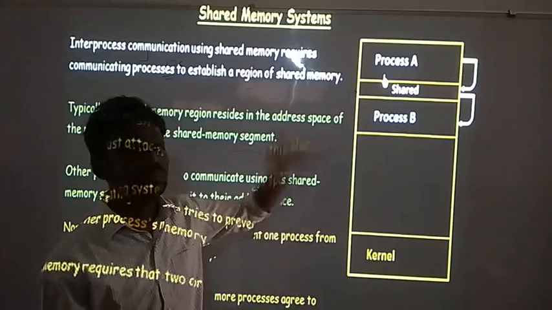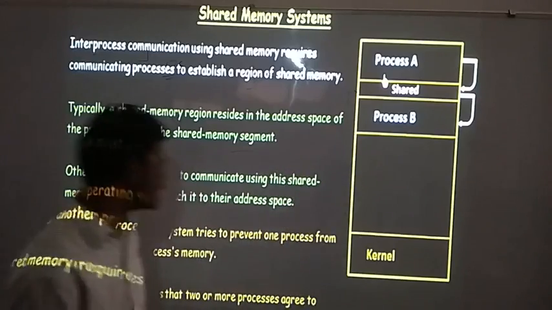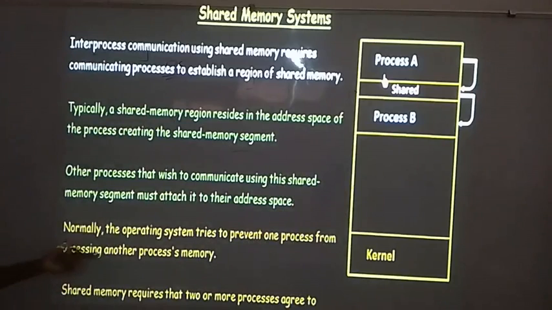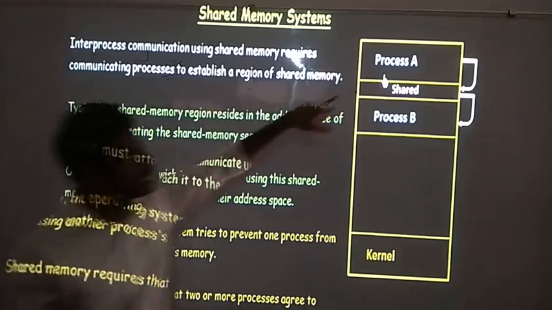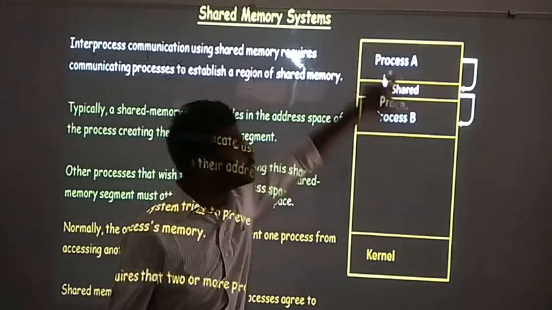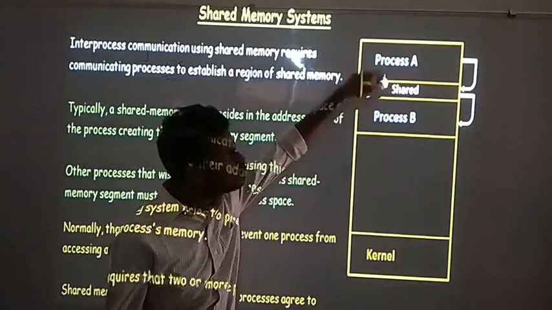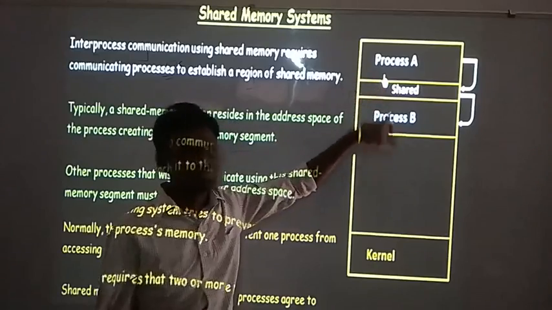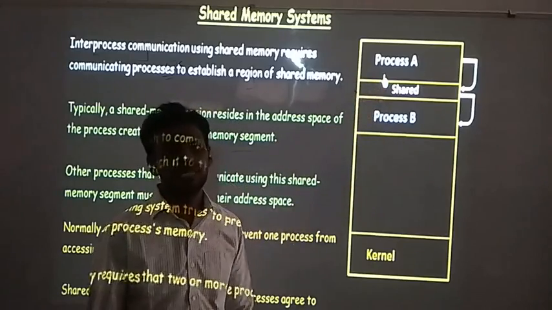It will not be accessible by other processes. That restriction should be overcome in the case of shared memory, so that the region created by process A is accessible by process B, and vice versa.